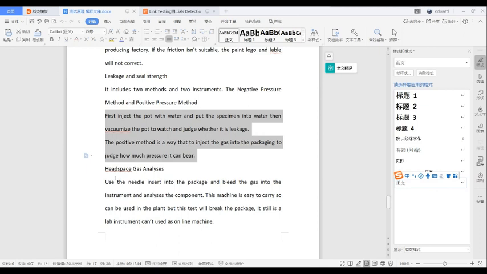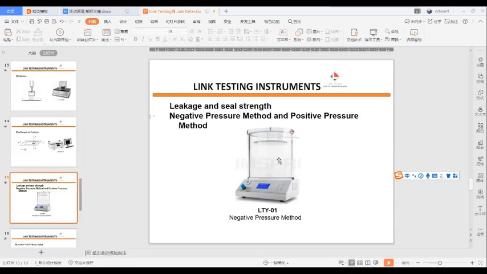The positive method is a way to inject gas inside the packaging to judge how much pressure it can bear. This is very popular. It can be used not only in labs, but sometimes in production lines as an on-site machine. It's very easy, but there's one disadvantage: you can only use your eyes to confirm whether it leaks. You can't get any data.